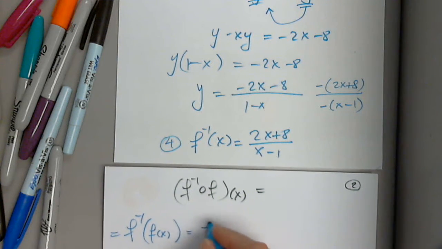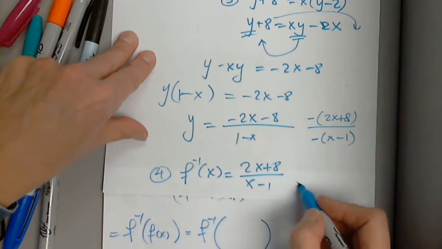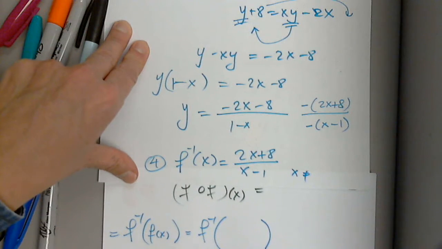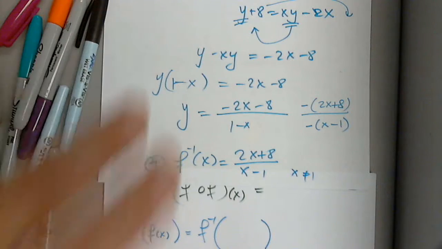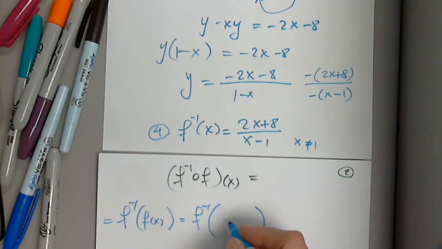Okay. Then this is f inverse of, I go back to the function, x plus 8 over x minus 2. And of course, I have to write x not equal to 2. And here, of course, I have to write, for the domain to be clear, not equal to 1. But that will not come into account right now. So I put in x plus 8 over x minus 2.